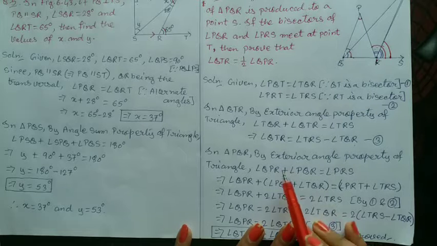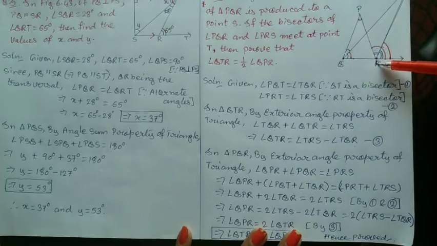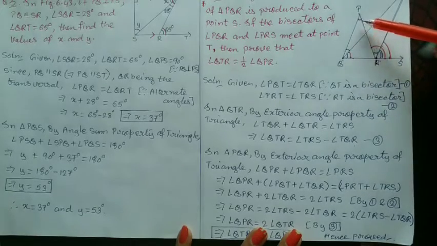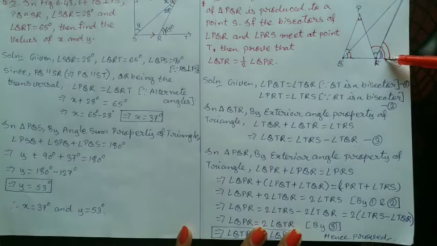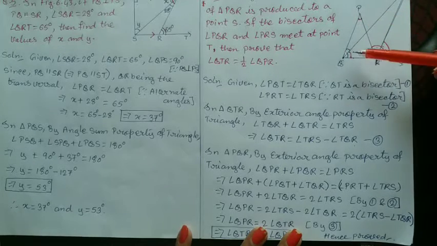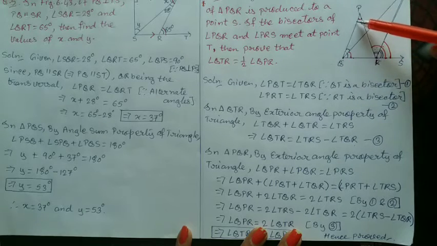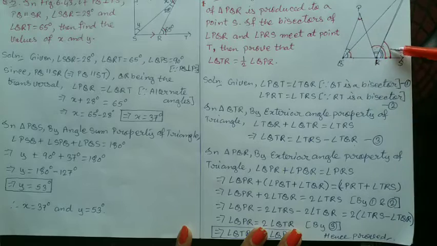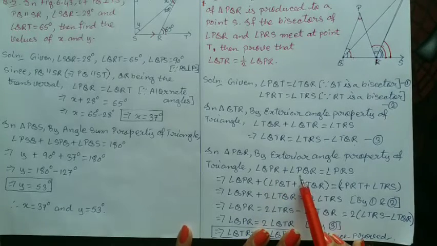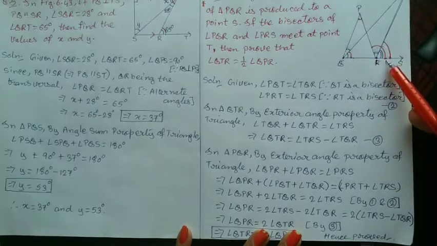Using the same property of exterior angle, in triangle PQR, we can write the sum of this angle plus this angle is equal to this whole exterior angle. So QPR plus PQR is equal to PRS, this complete angle PRS, not this one.